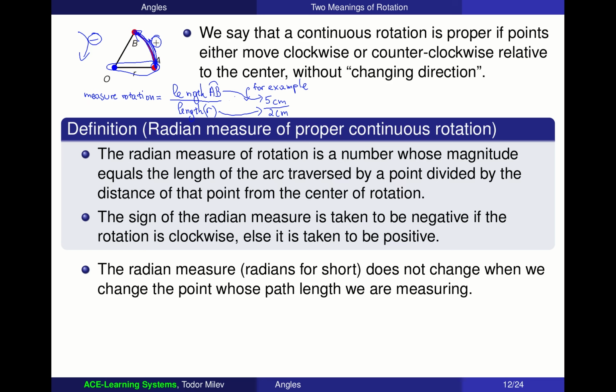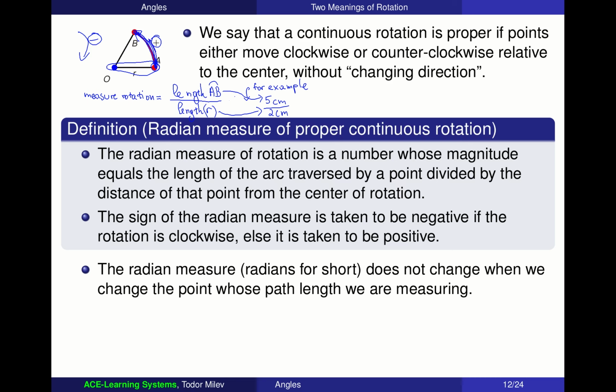If you remember, the arc length traveled by a point under rotation is proportional to the radius, the distance between the point and the center of rotation. That was that theorem about the concentric circles and the arc lengths cut off by geometric angles from those concentric circles. Okay.